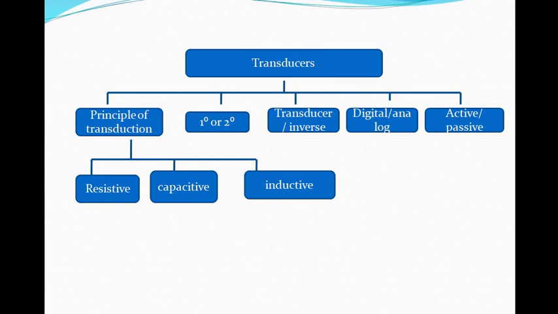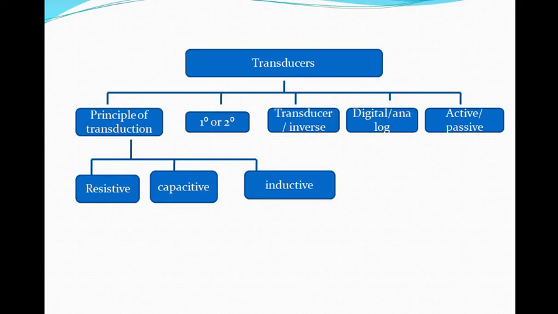Then whether a transducer is active or passive. Transducers that do not need any electrical source of power for operation are called active transducers. They are self-generating devices which operate under the energy conversion principle. A thermocouple is an example, whereas passive transducers do need an external source of power for their operation.